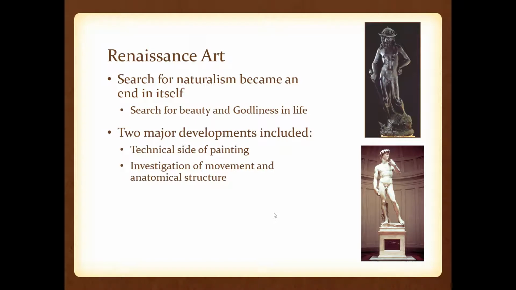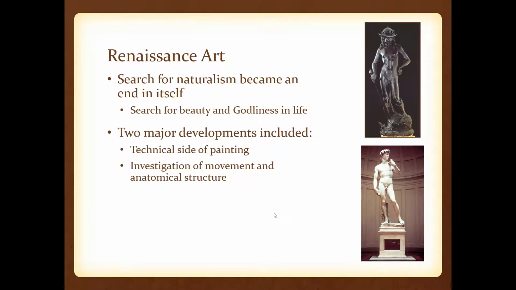Instead, you are looking at people the way that they are, or people the way that you want them to be. Here you have two different statues. At the top is Donatello's David, and down underneath him is Michelangelo's David.